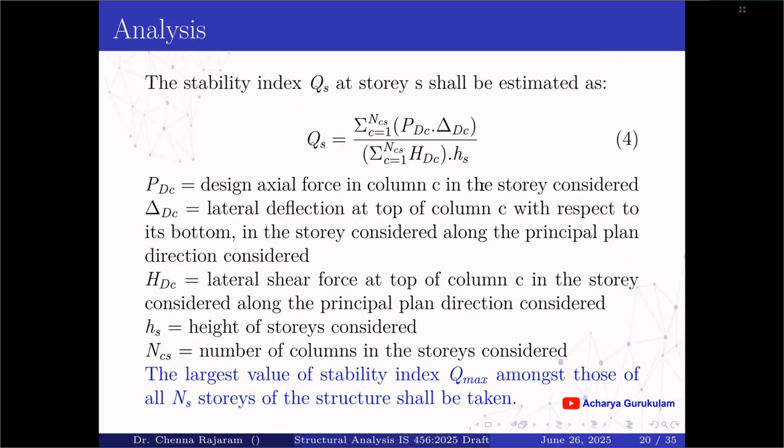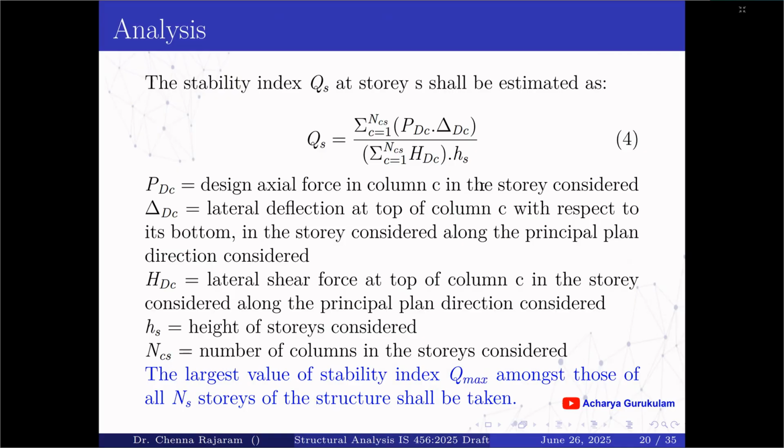Next, analysis. In the analysis, the stability index Q_S at story S shall be estimated as Q_S equal to the ratio of the sum over C equal to 1 to N_CS of P_DC and delta_DC, divided by the sum over C equal to 1 to N_CS of H_DC multiplied by H_S, where P_DC is the design axial force in column C in the story considered, and delta_DC is the lateral deflection at the top of column C with respect to its bottom in the story considered along the principal plane directions considered.